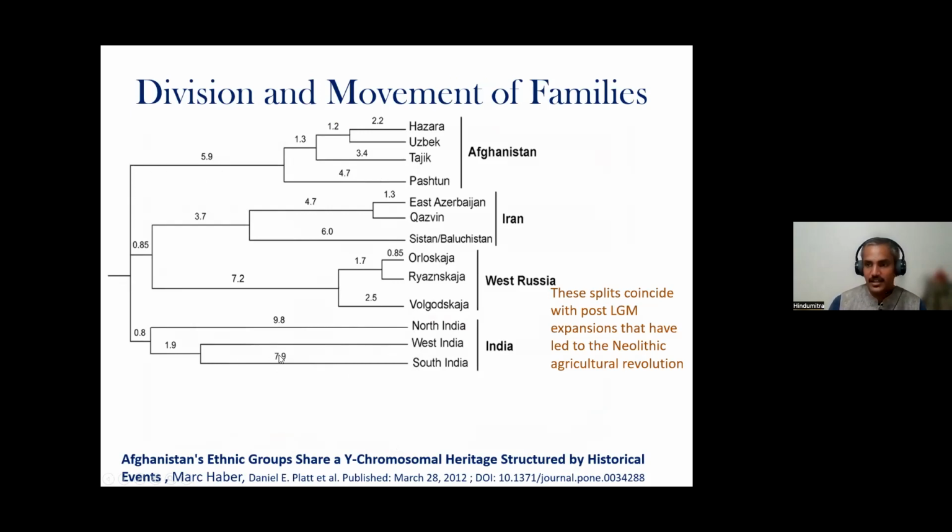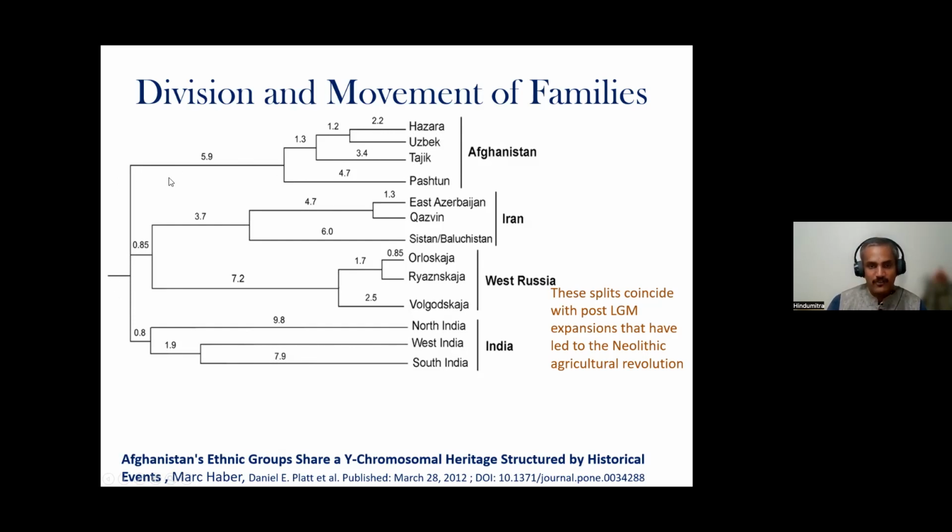This is 7,900 years ago, and you have to add up when it branched out. So the scale is approximately 10,000 years when we look back. So 9,000 years ago, people moved to the Pashtun and Afghanistan area.